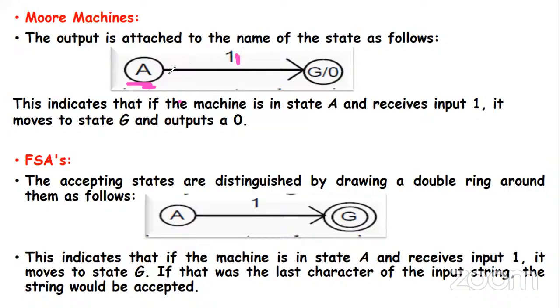So that means the output, which is on G here, is not in any way dependent on this transition function. But for a Mealy machine, upon the receipt of a particular value, then you output something. Do you get that? Yes, sir. Thank you, sir.